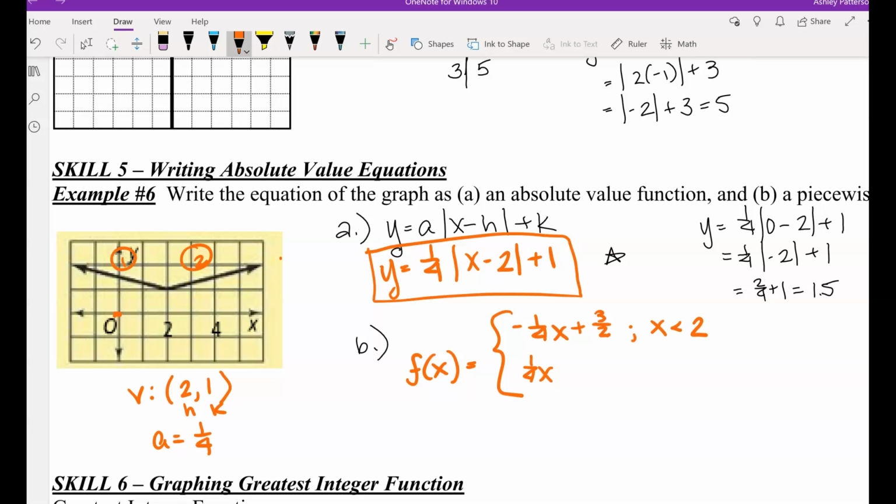Then we have to figure out what is its y-intercept. If I go down 1, 2, 3, 4 over here, it's going to be 1/2. So we say plus 1/2, where x is greater than or equal to 2.